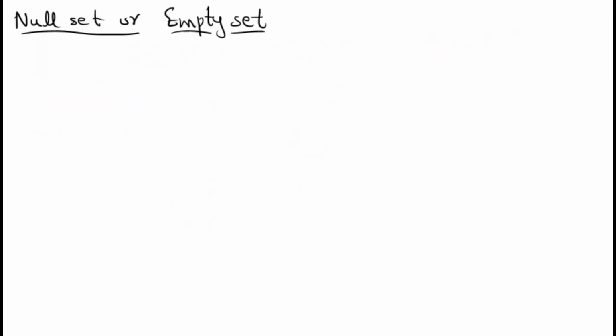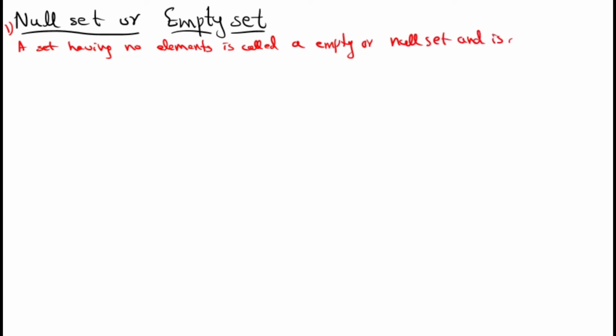Now the types of sets. Under that, the first one is the null set or empty set. The definition says a set having no elements is called an empty set or null set, and is denoted by, you can use this symbol, only flower brackets, or this symbol.